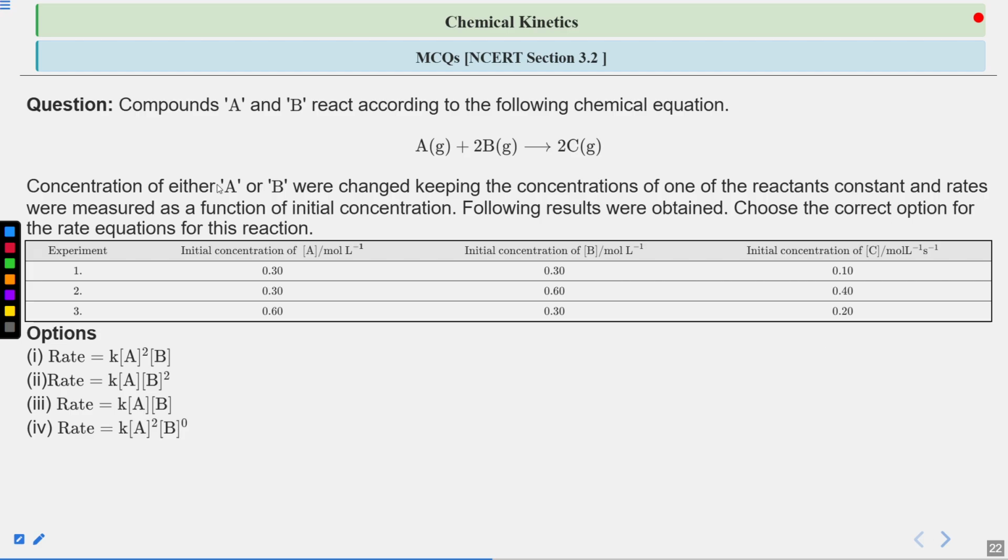Okay, so on the basis of this tabular data from the three experiments, you have to select the correct rate equation from the options. Options are rate equals k A square B, rate equals k A B square, rate equals k A B, or rate equals k A square B to the power 0.